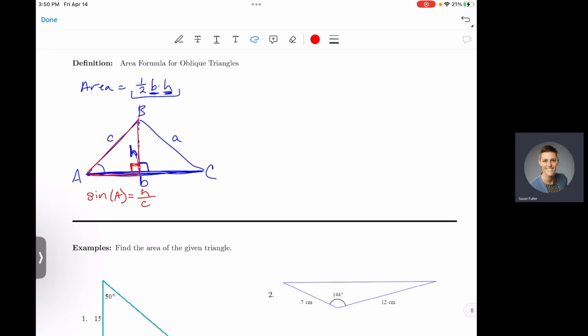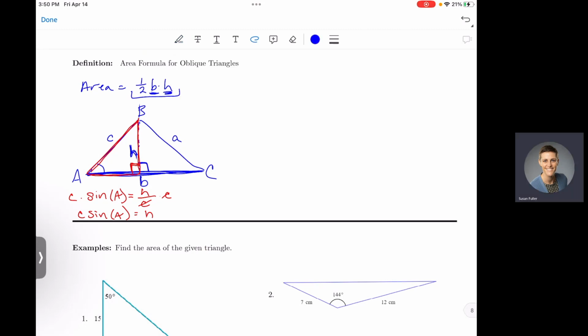So I've got SOHCAHTOA. And so if I multiply both sides by C, then I get h is equal to C times the sine of angle A.